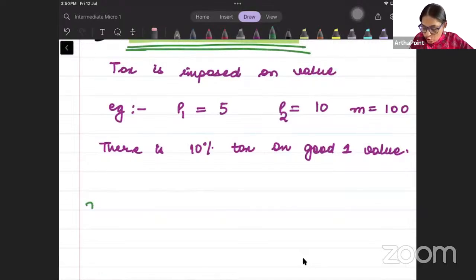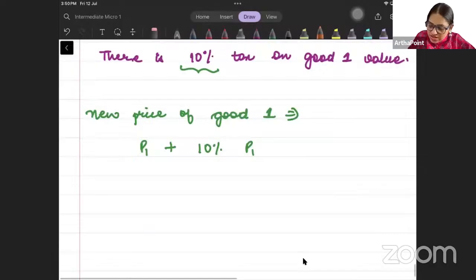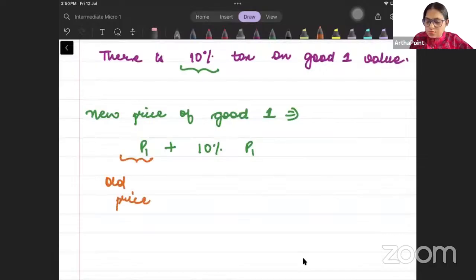So the new price of good 1 will be what, beta? Old price plus, it has increased by 10%. It has increased by 10% of old price. So this is my old price, right?